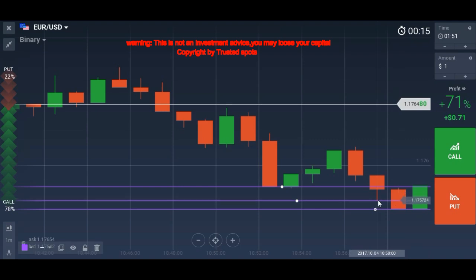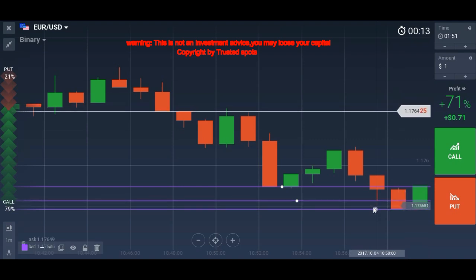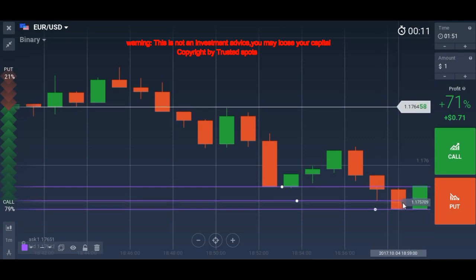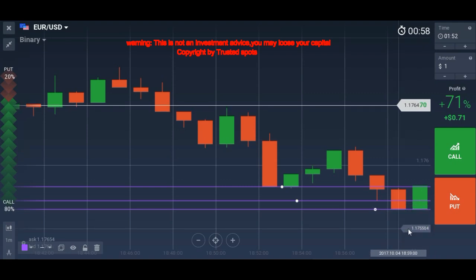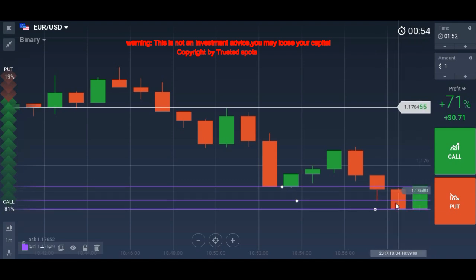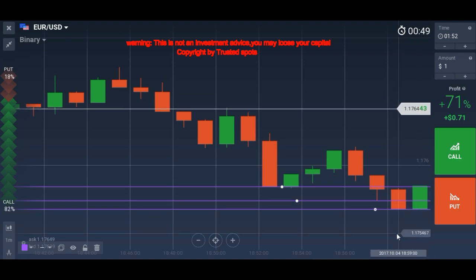You can see this was also a support, and this is also a support. So this whole area is a support for us. If you want to take a trade here, you have to wait for the market to go down and hit that level, and if you have a confirmation you can place a call, because it is a breakout, and this will work as a support for sure because the candle is a big green candle without any rejection.